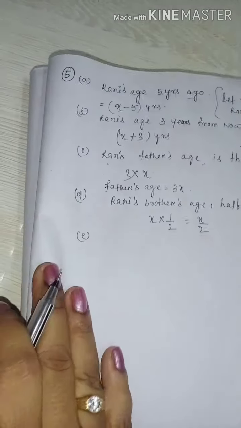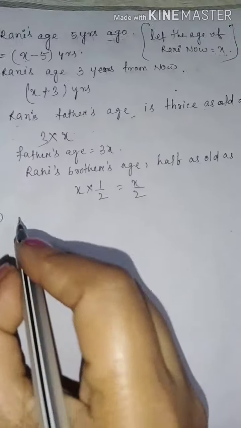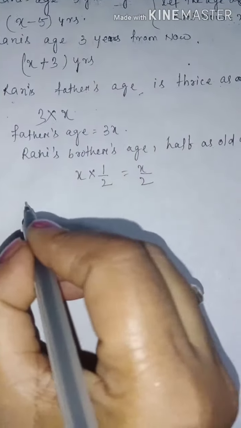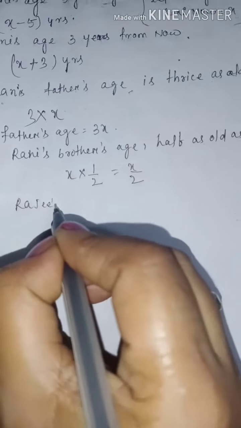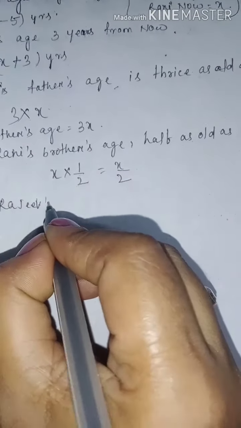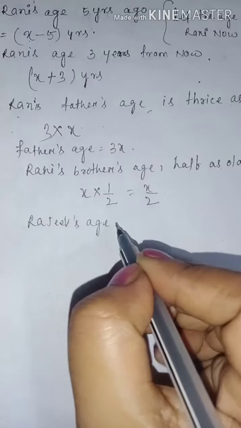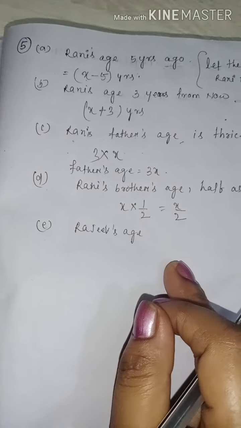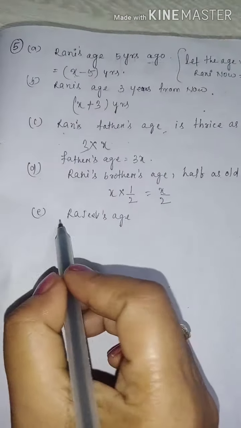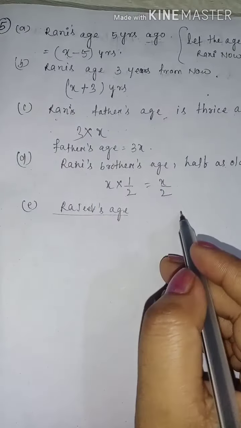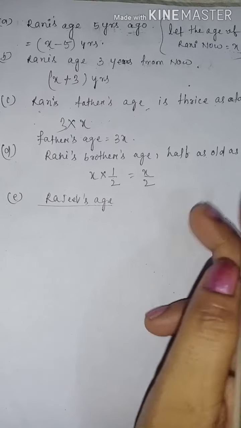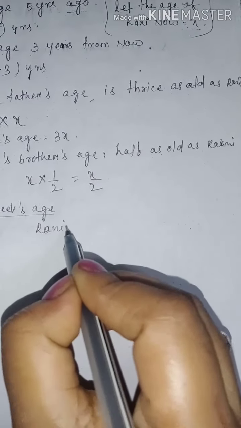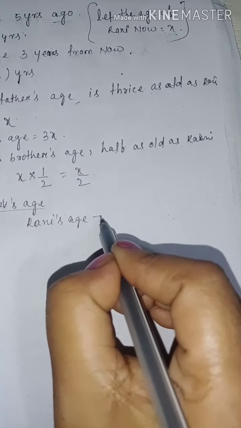Next bit E. Rajiv's age. Rajiv is her friend, suppose. What is Rajiv's age? It is given that the sum of Rani's age and Rajiv's age is 40.